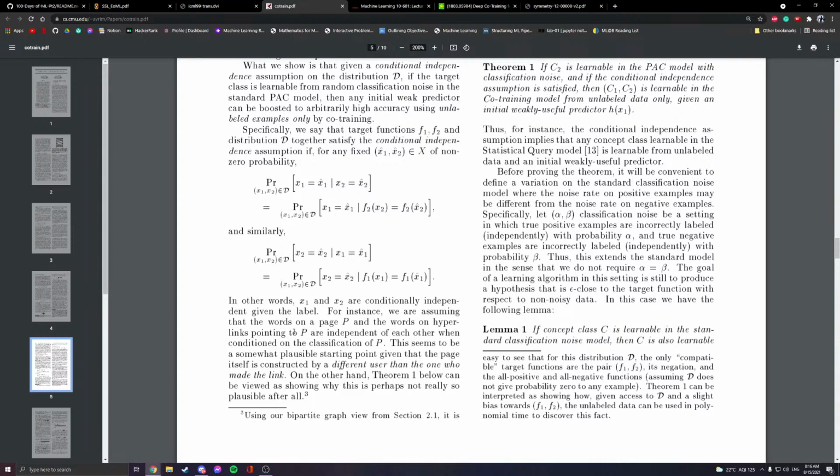Words on the page and the words in the hyperlinks are independent of each other when conditioned on the classification of the page. Right, it's constructed by a different user than who made the link.